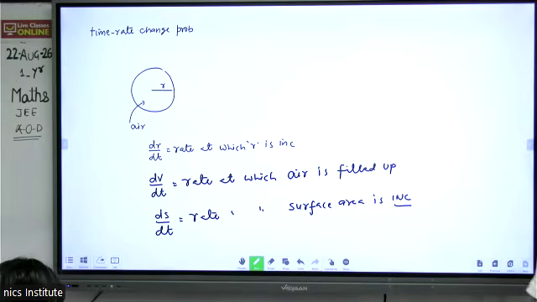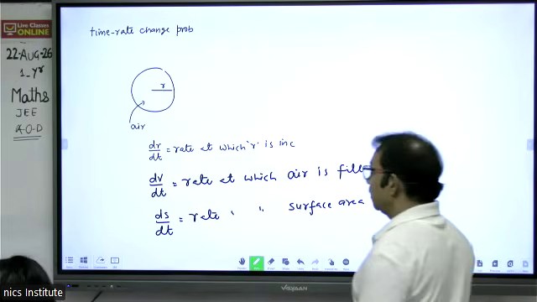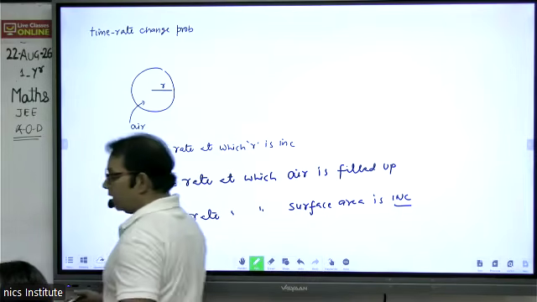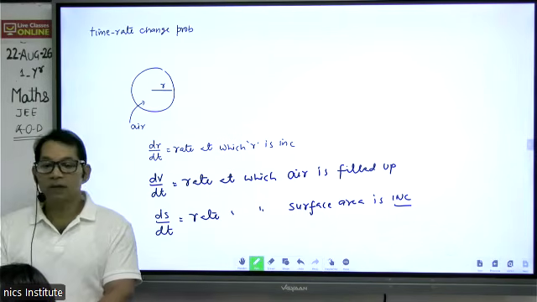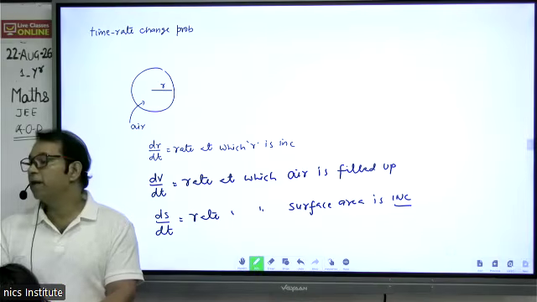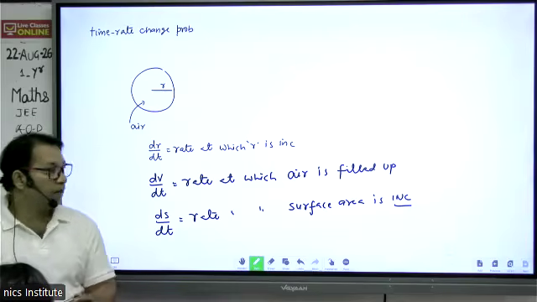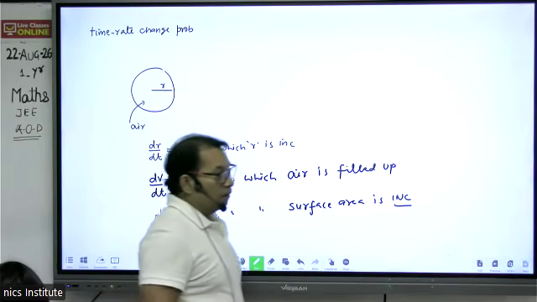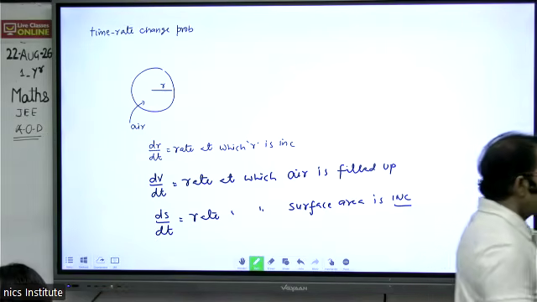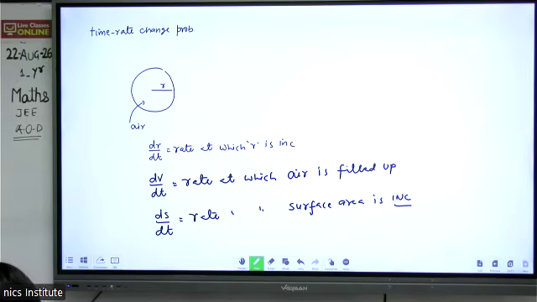So all you have to do is figure out a formula which relates these variables and then differentiate with respect to time. Rather than differentiating with respect to x, y, or r, we differentiate with respect to time.